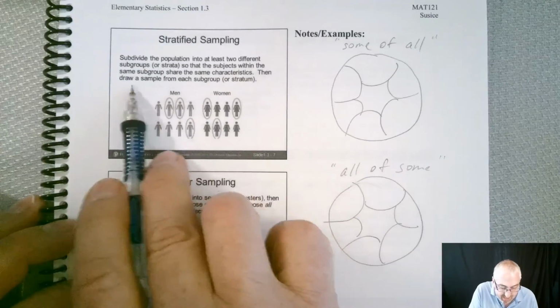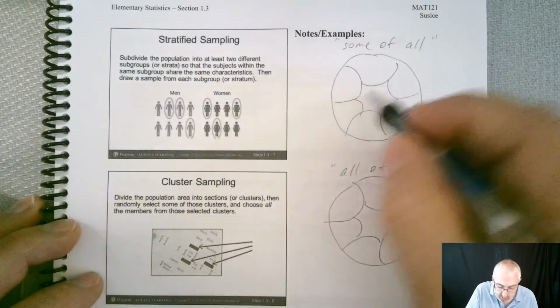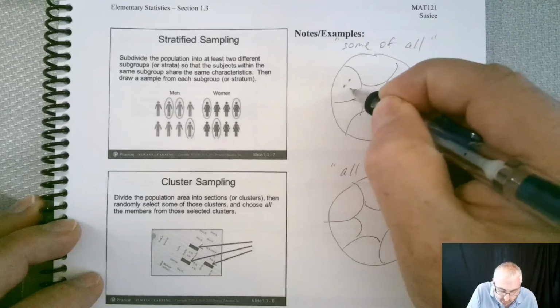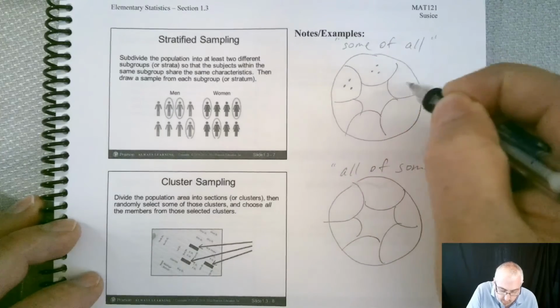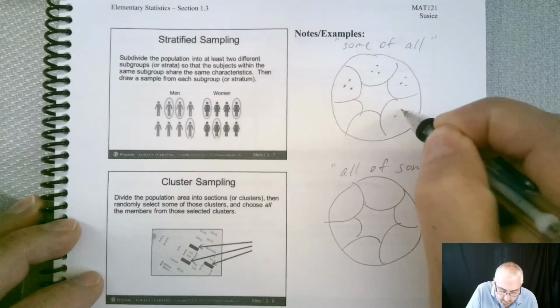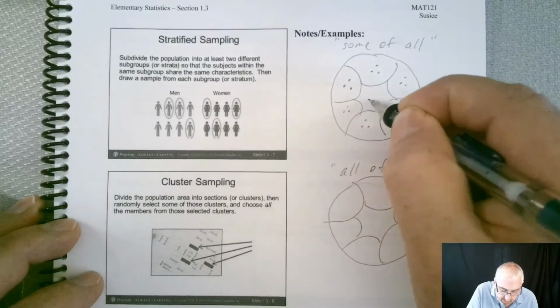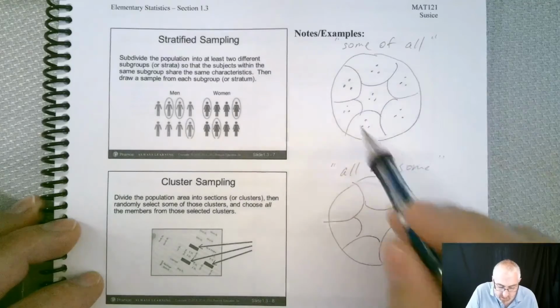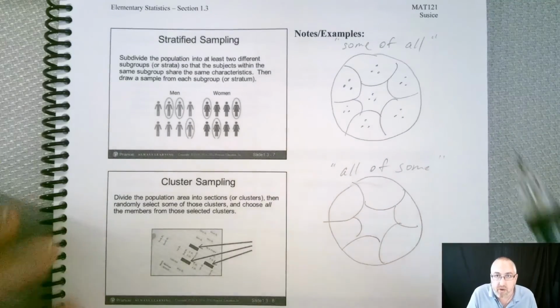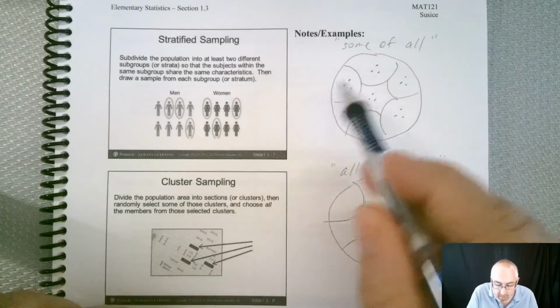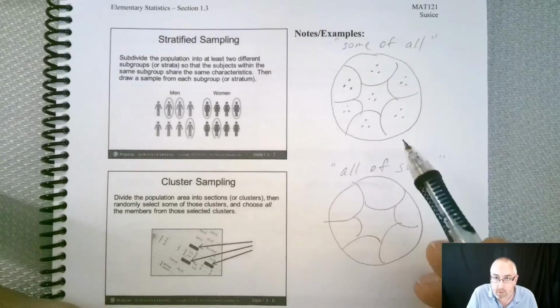Then draw a sample from each subgroup. So each of these are considered subgroups, and I'm going to take 3 elements from each one. So out of the entire population, all of these subgroups have some representatives that contribute to my sample. So some of all of the subgroups.